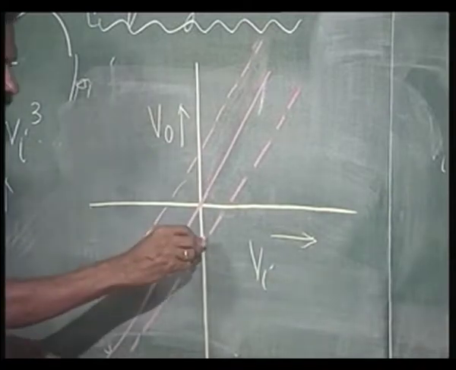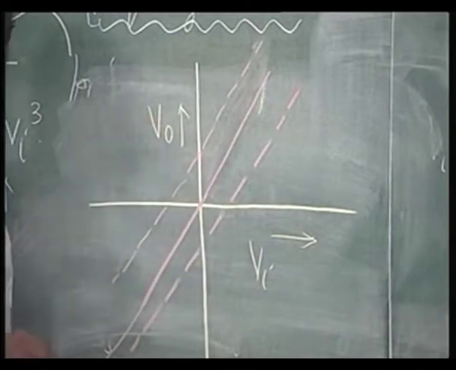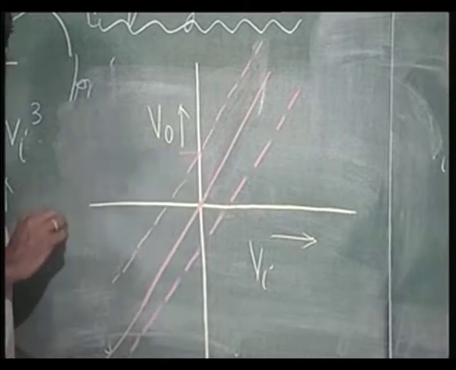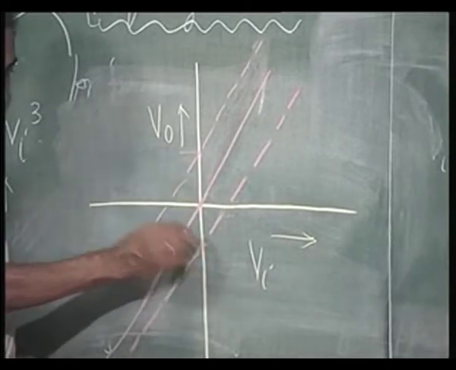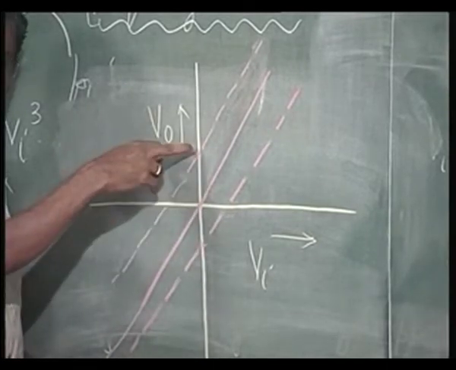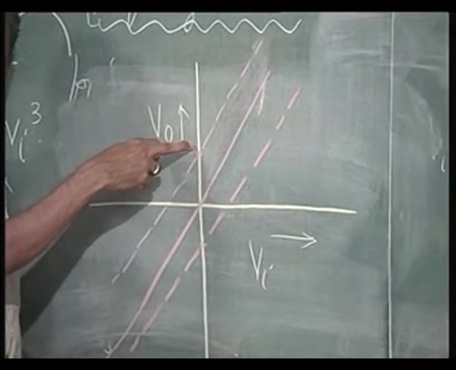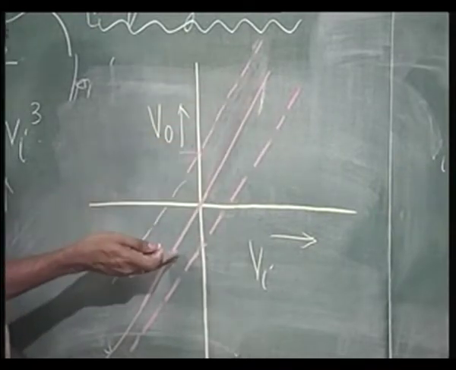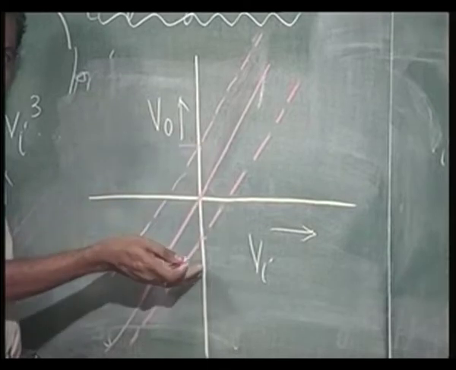Then this voltage is called the offset voltage. When Vi is equal to 0, there is an output voltage, this is called the quiescent point.